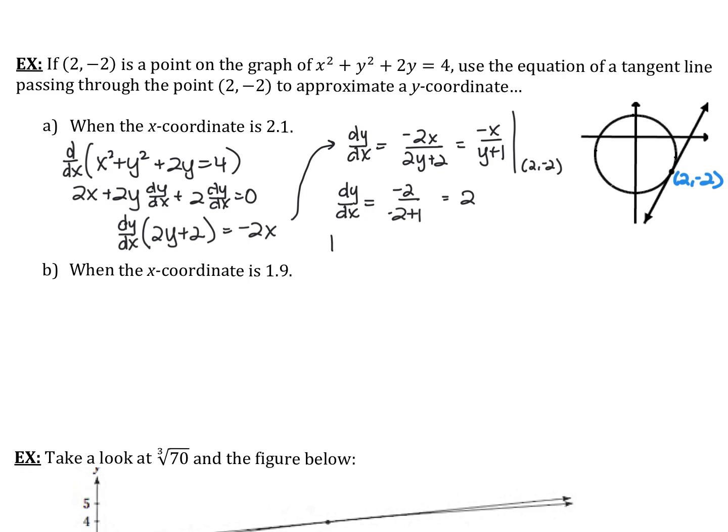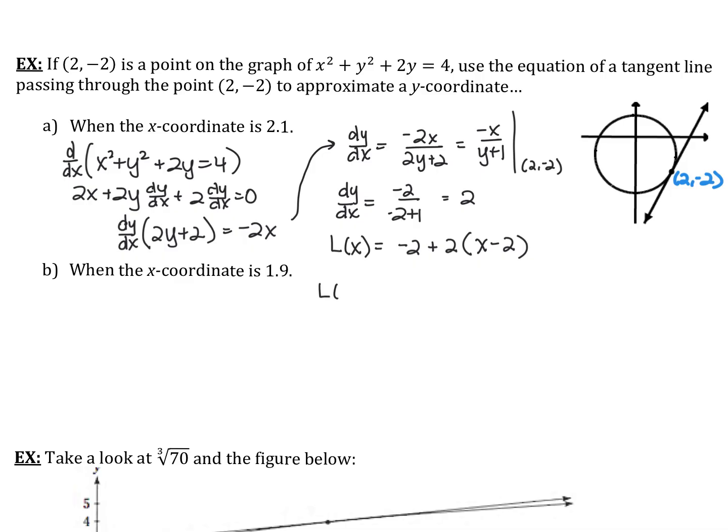If I write my linear approximation, it is the y value plus the slope at the point times x minus the x value. And this is my linear approximation. Now, to answer question A and question B, it's really the same two questions.